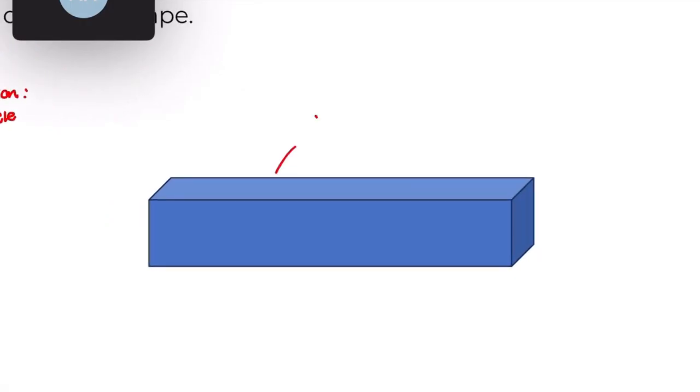In this case over here, we've got a cuboid. However, the cross section of the shape is a rectangle because the rectangle is the shape that is being stretched into a 3D shape. So the cross section is a rectangle.